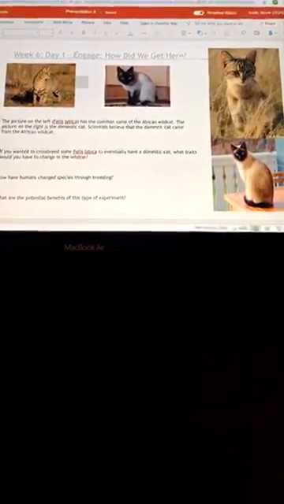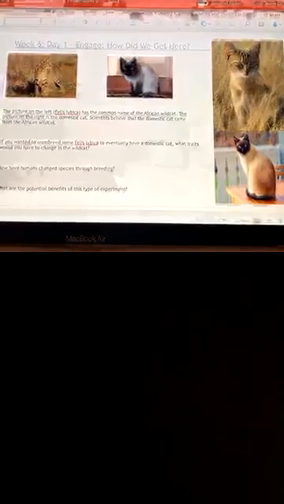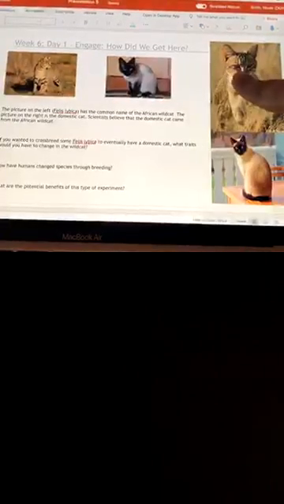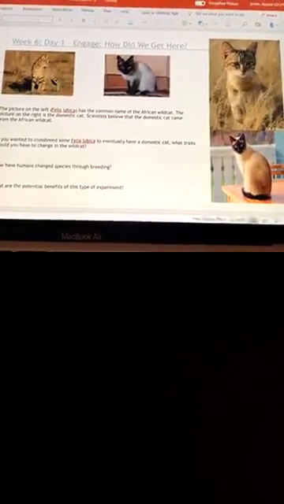Okay, so the shape of the eyes, you're right. Good catch. I didn't catch that. All right, so you have to change the color of the fur, the shape of the eyes. I also noticed that you have to change the eye color. The Siamese cat has blue eyes, whereas the African wildcat seems to have a gray eye or maybe a dark green eye. There are a lot of differences.